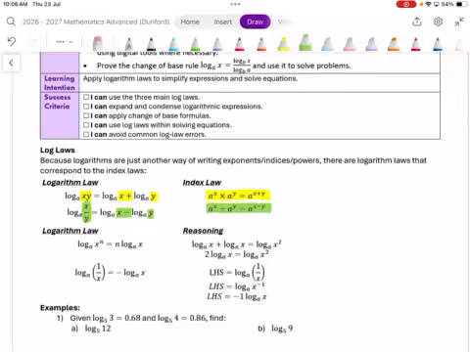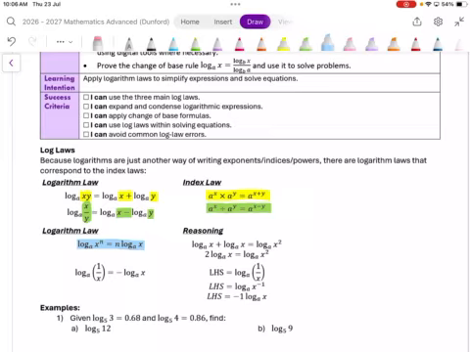But log base A of x plus log base A of x, we have two of the same thing, so we have two lots of log base A of x equals our log base A of x squared. Okay, so that is our reasoning behind that log law.